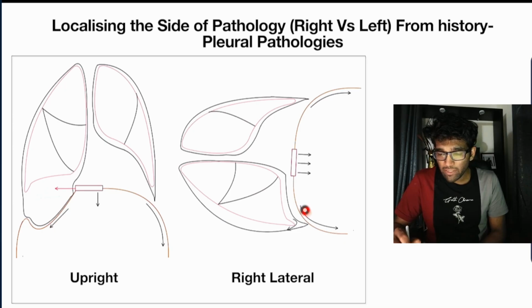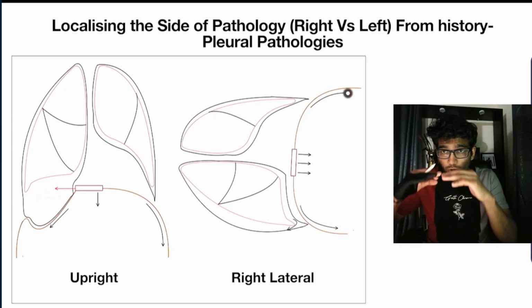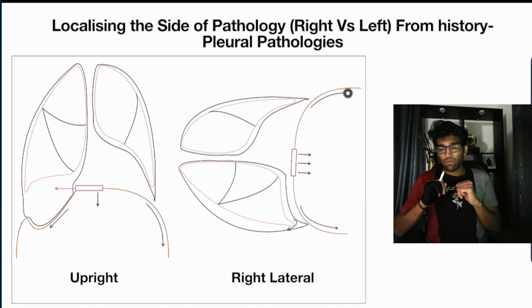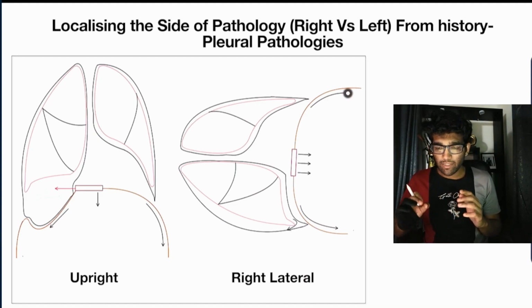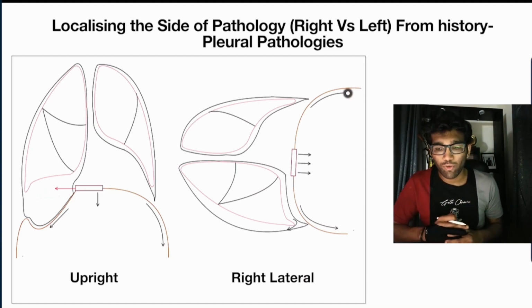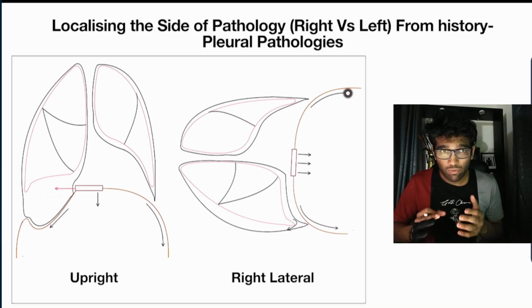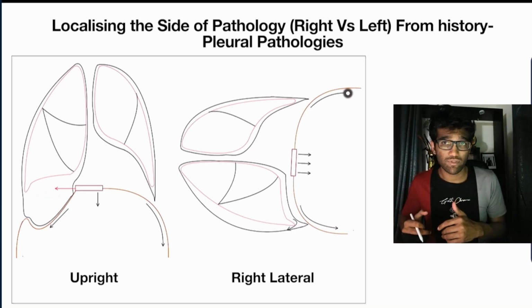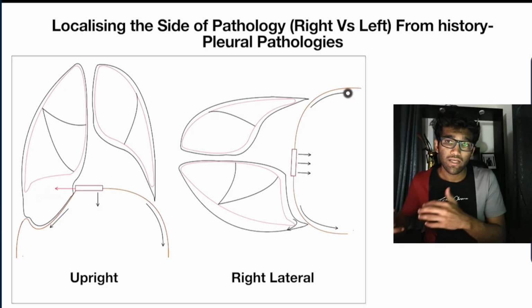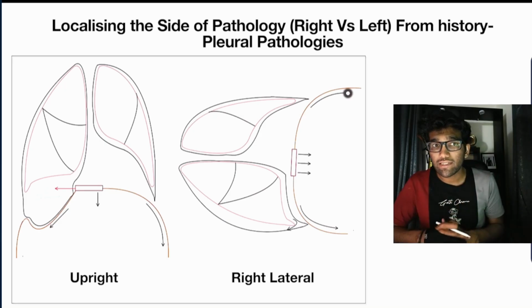Now, when the patient inspires, the diaphragmatic fibers contract and pull down the tendon. Okay, so in that process, the tidal volume returns back to normal. So, funnily enough, in a patient with a right-sided pleural effusion, if the patient lies down on the right side, the shortness of breath actually decreases.